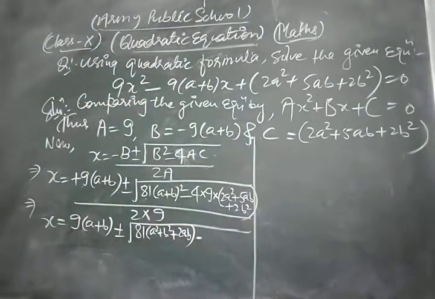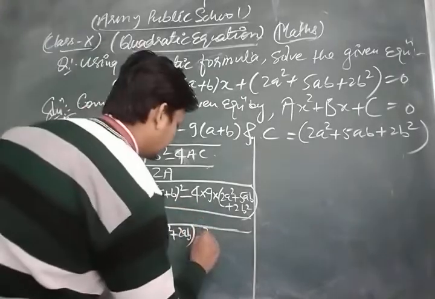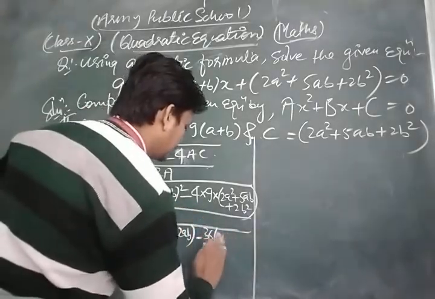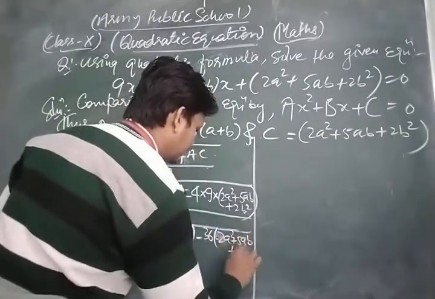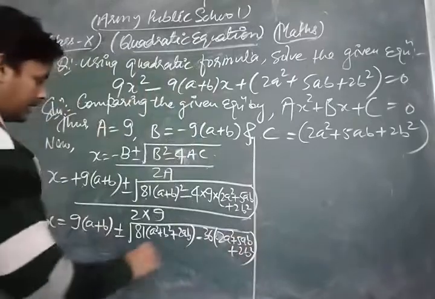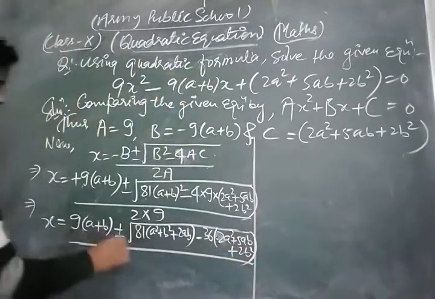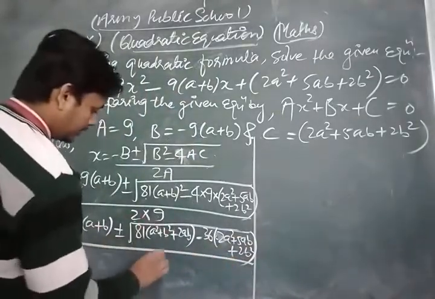the bracket 2a square plus 5ab plus 2b square, and whole upon 18.